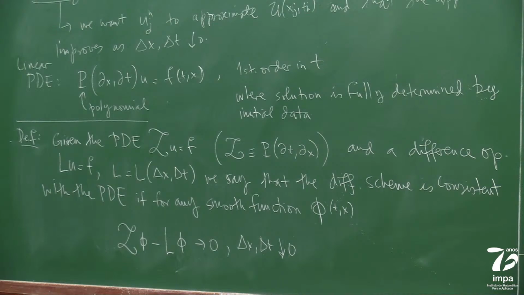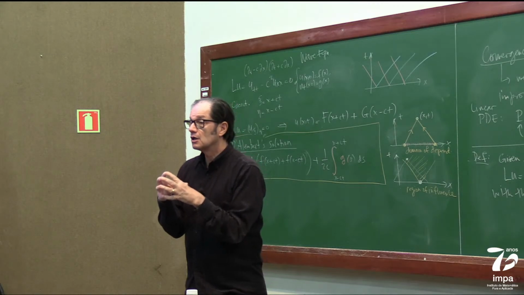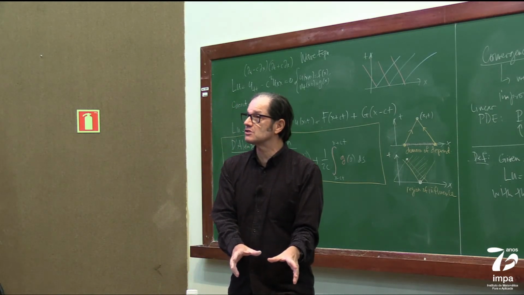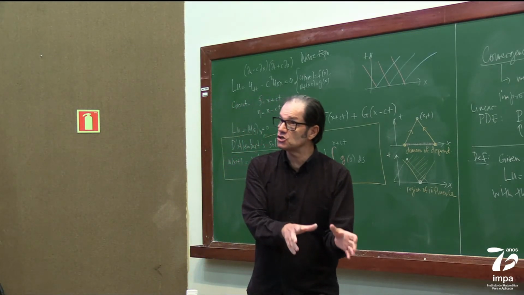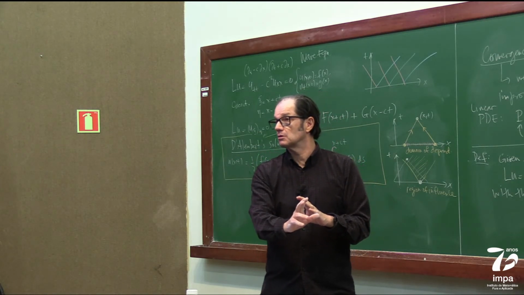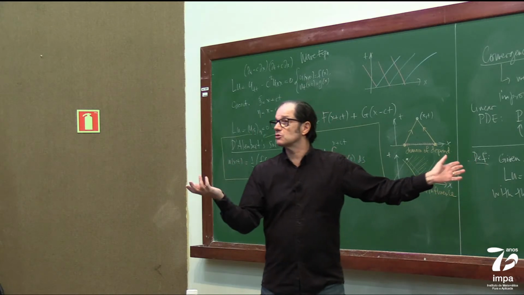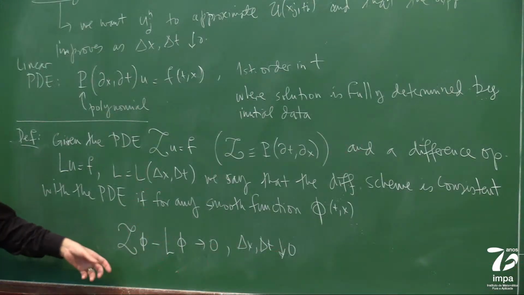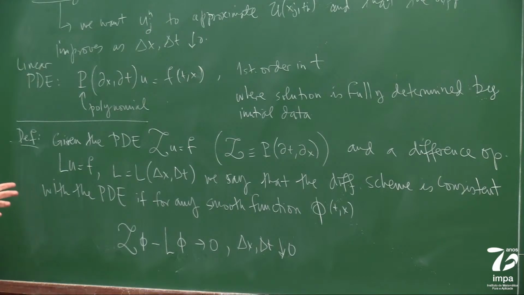It's just basically to call your attention that consistency came before with a solution of an ODE, which did not solve the difference equation. There was a residual which was a local truncation error, and that went to 0. Here we could also talk about a residual, but it doesn't matter. But this is good also, because here it calls even more our attention, because who knows who phi is? Any function with smoothness.